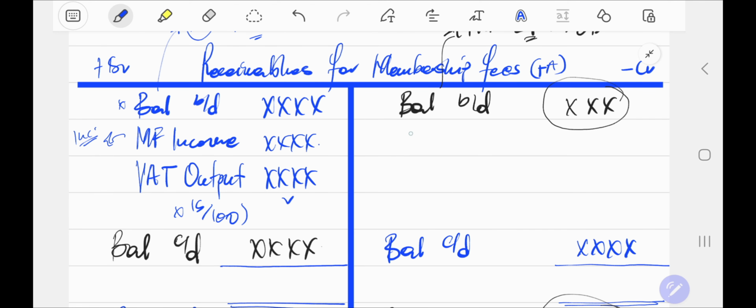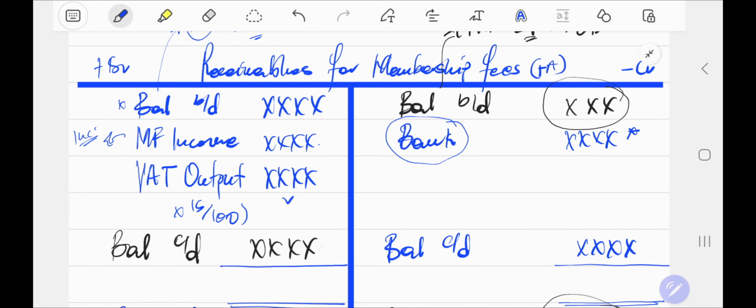In a normal business, when people pay their debt, the receivables go down, right? So this amount for bank includes any amount that is received for membership fees income, be it last year, this year, or next year. It includes all those amounts recorded here.